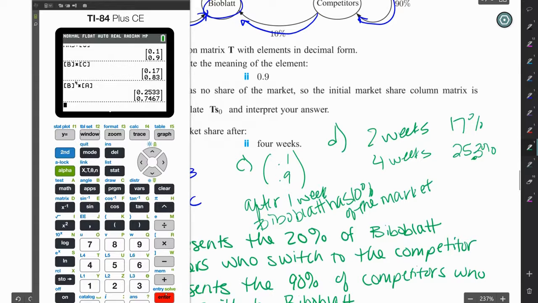And reminder, we're rounding to 3 sig figs for IB. Or you can give the exact answer, so you could say 25.33 here, but 3 sig figs is good.